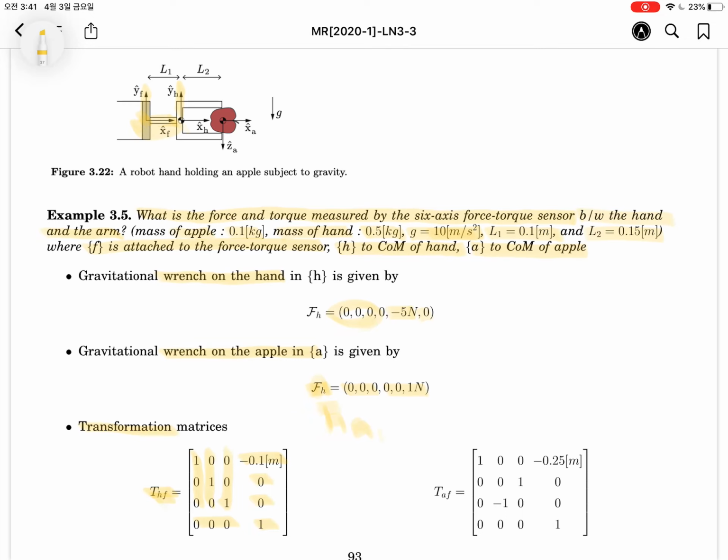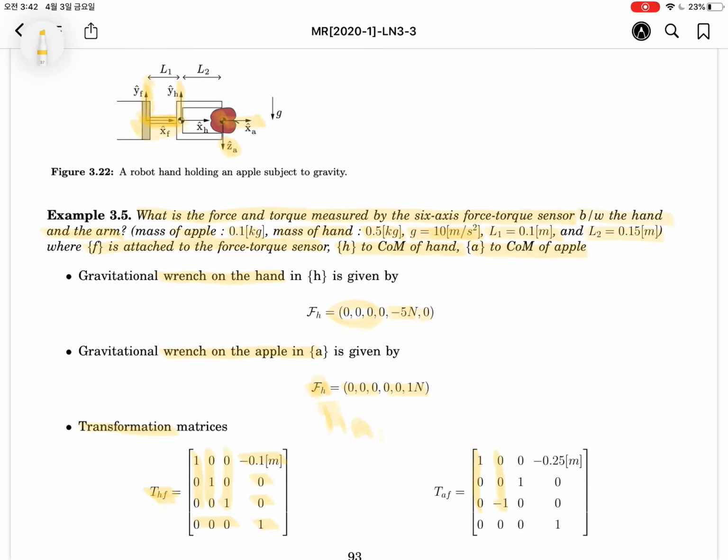On the other hand, TAF. Okay, let's read the XF in terms of the A coordinate. This is aligned to the XA, so 1, 0, 0. And the Y direction will be inside the page, so this is equal to 0, 0, minus 1.